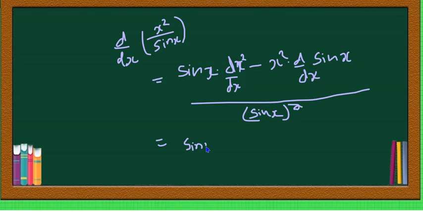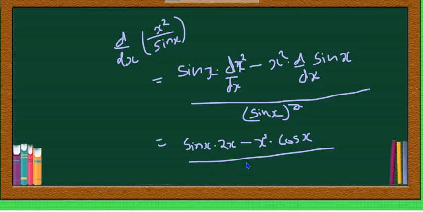The derivative of x square is 2x, so 2x, minus x square, and what is the derivative of sin x? cos x, divided by sin x whole square, sin square x.